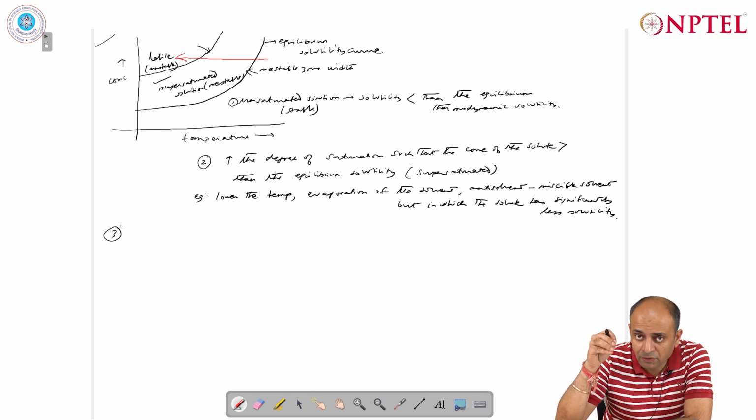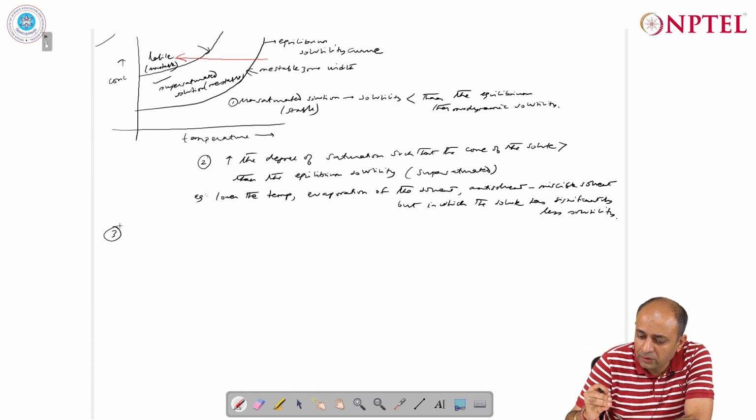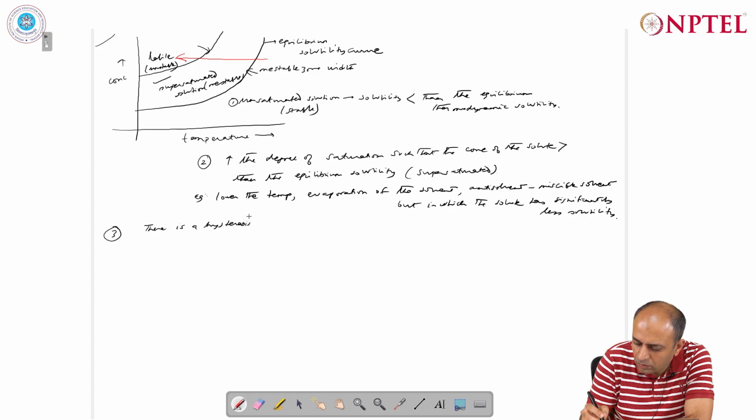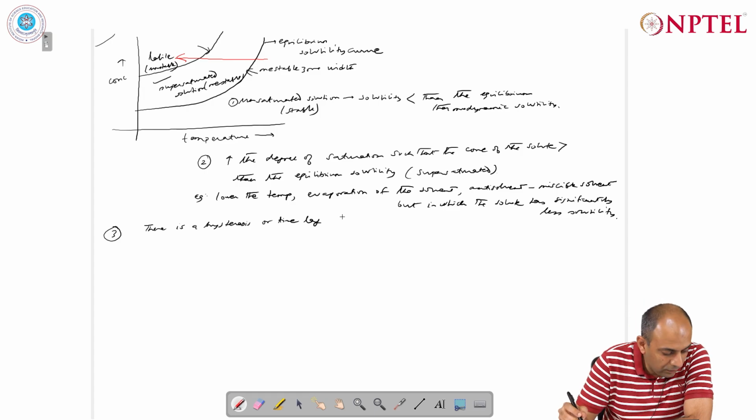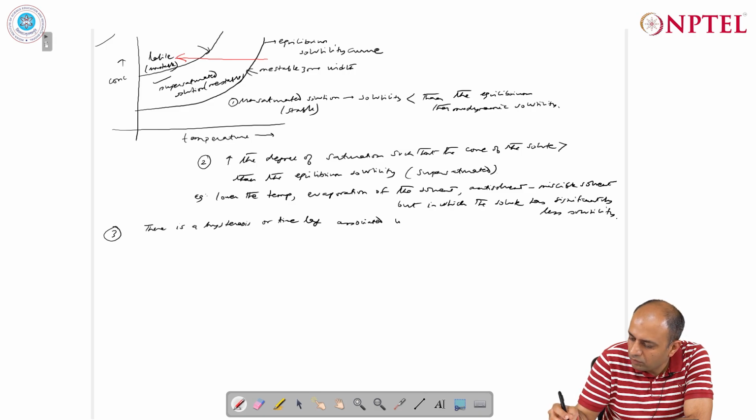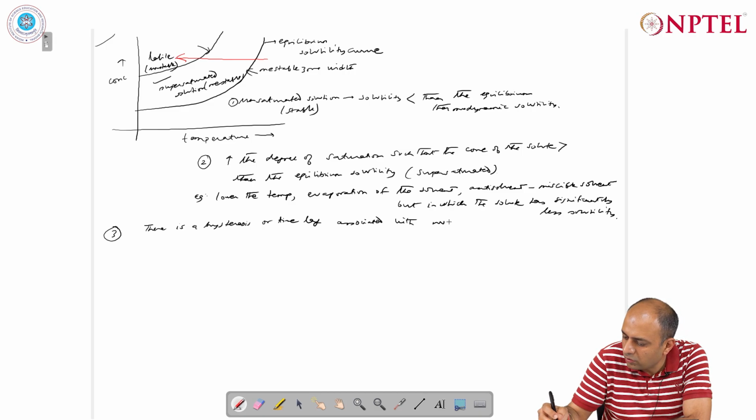So this process of crystallization on reaching the supersaturated region does not immediately take place, and so there is a hysteresis or time lag associated with nucleation.